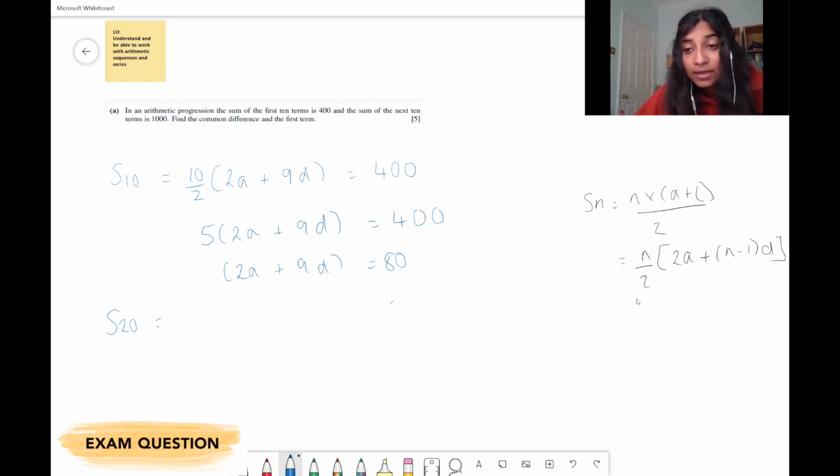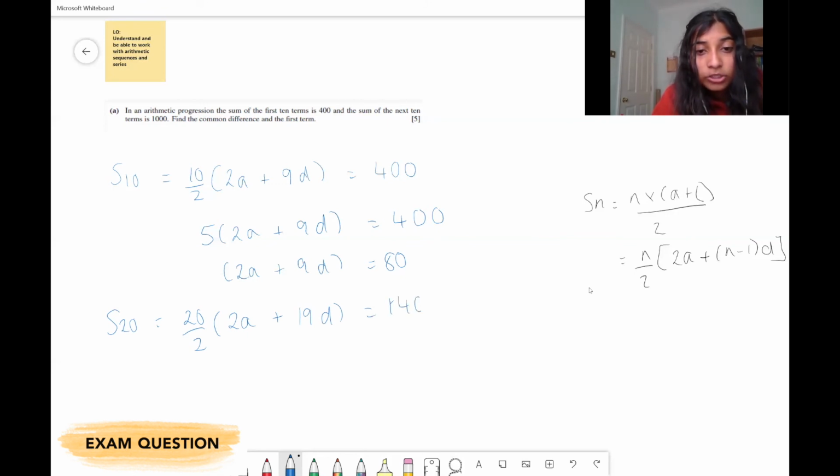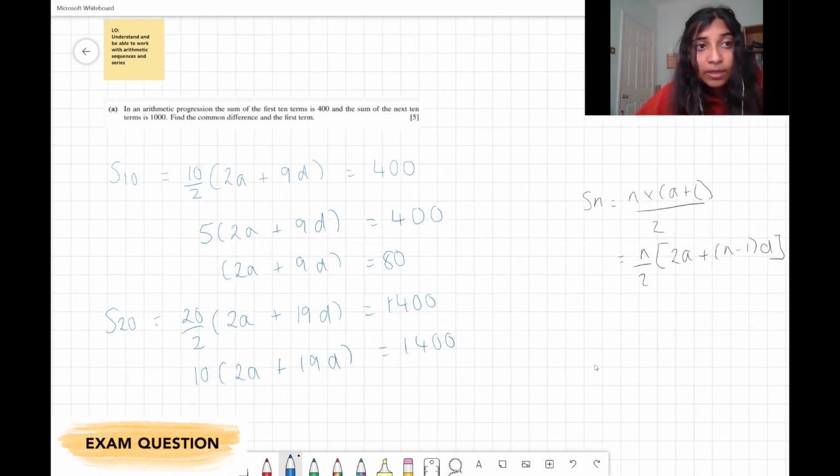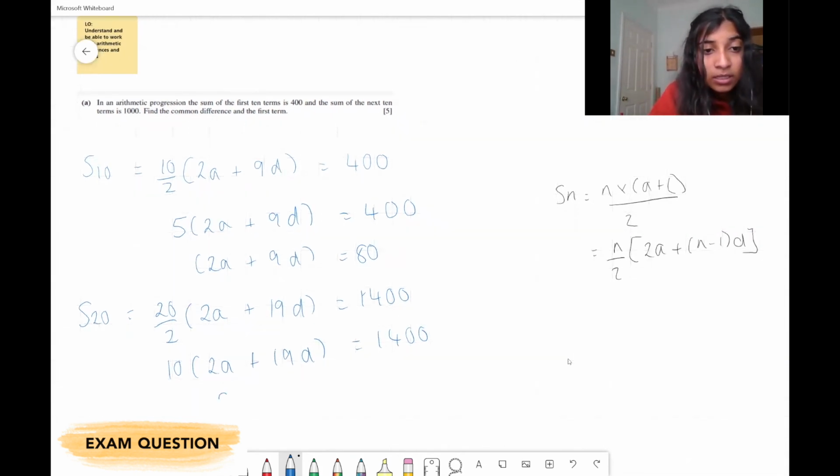So if we plug in the values here, we'd have 20 divided by 2 times (2a plus (n minus 1, so 19)d), and that's equal to 1400. So then we would have 10 times (2a plus 19d) equal to 1400, and if we divide both sides by 10, we get 2a plus 19d is equal to 140.